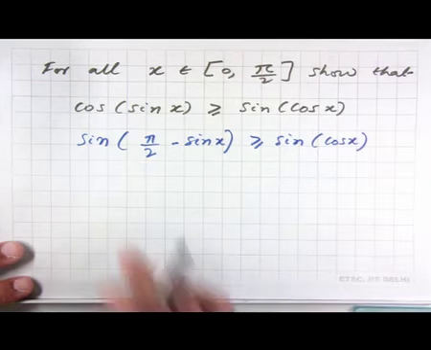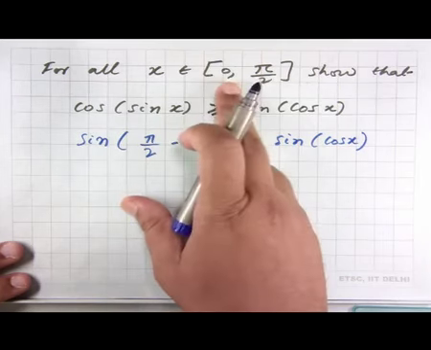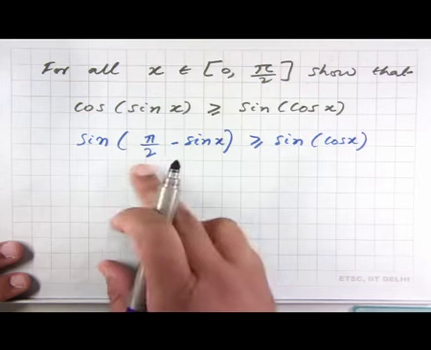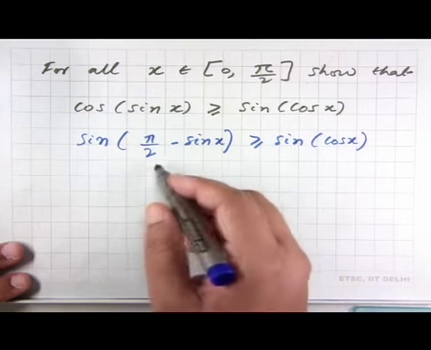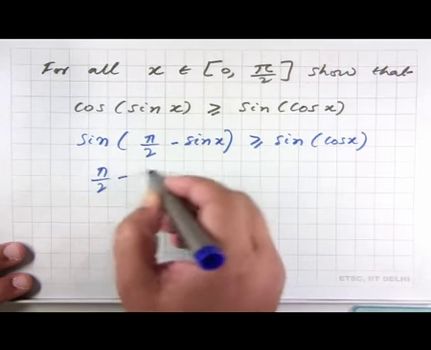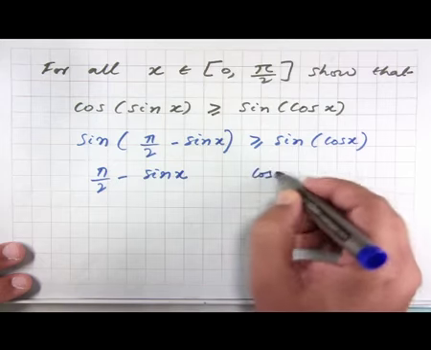Now, remember it is said that x has to belong to the interval 0 to pi by 2. So, when x belongs to the interval 0 to pi by 2, let us examine the relation between pi by 2 minus sine x and cos x.